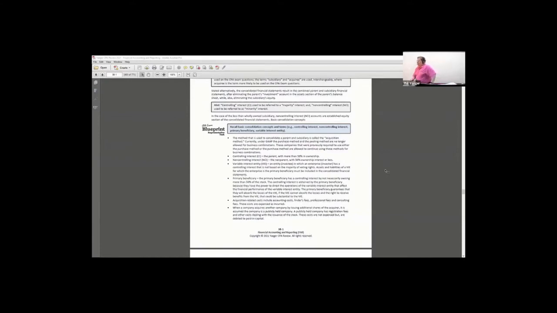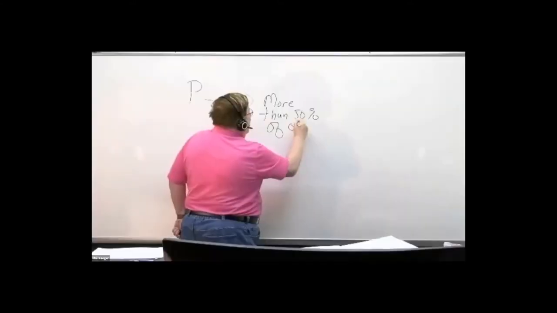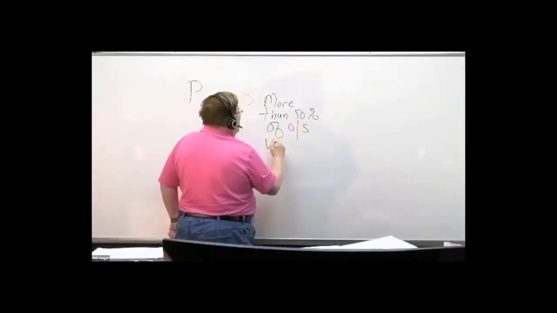Now it says here, the method we use to consolidate a parent and a sub. It's only a parent and a sub. The parent must acquire more than 50% of the outstanding voting stock, not non-voting.